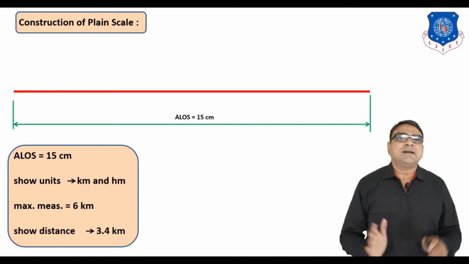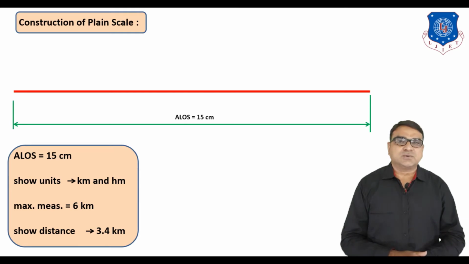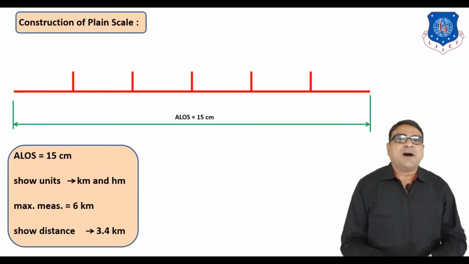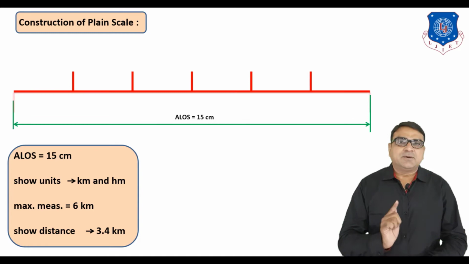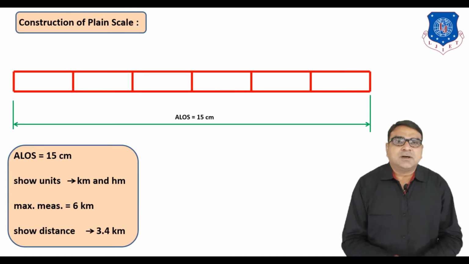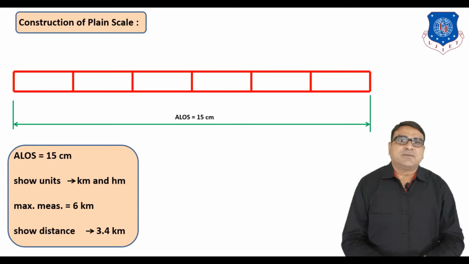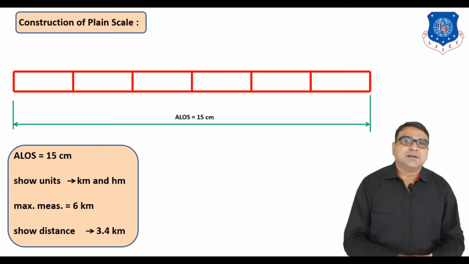So we have to divide this horizontal line into 6 equal parts, in which one part represents 1 kilometer. Now we have to draw another horizontal line, and the border of any height. So it looks like a scale.